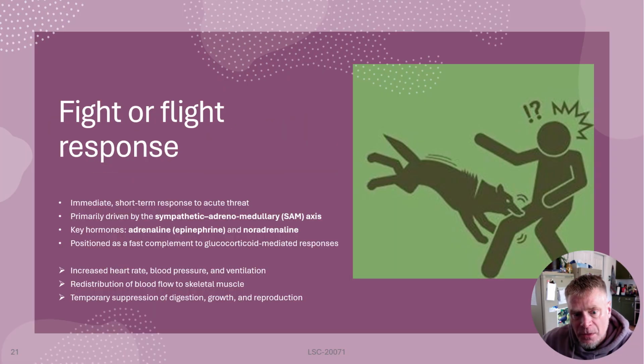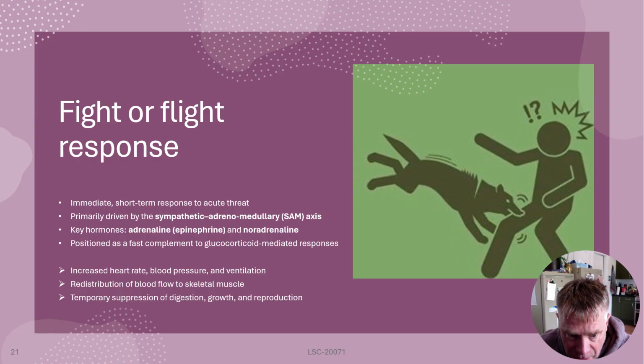If we have immediate danger situations that could affect survival, then we've got this fight or flight response. It's an immediate short-term response to an acute threat. It's not chronic, this one is acute, so it's something which might affect survival.